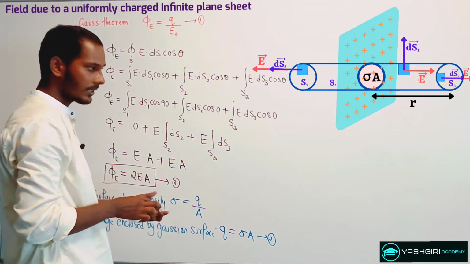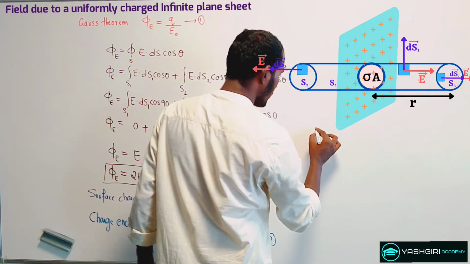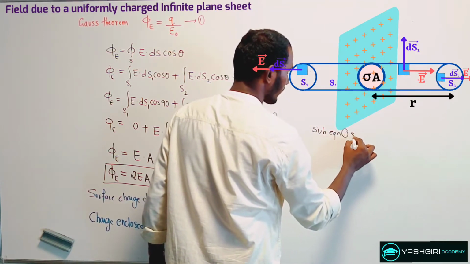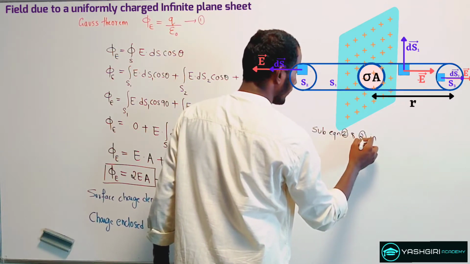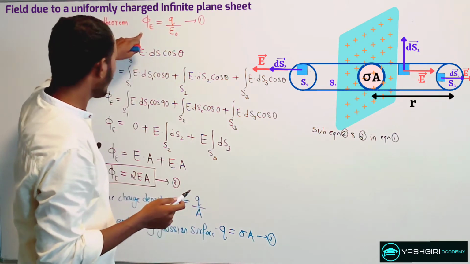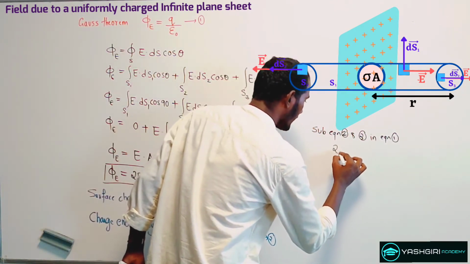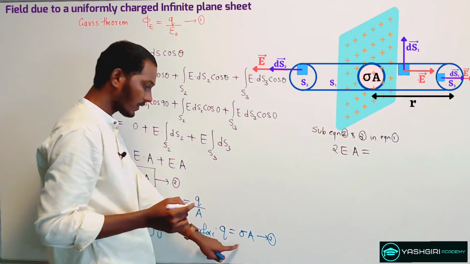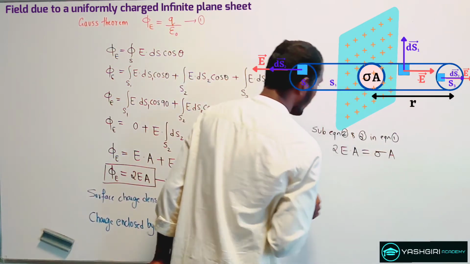Now what I do, I just substitute these equations. Let me substitute equations 2 and 3 in equation 1. So on the left hand side, I can just write 2EA. I'll be getting twice the electric field into the cross-sectional area is equal to sigma times A, where sigma is your surface charge density, correct?